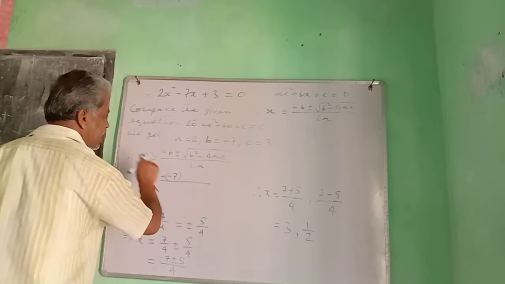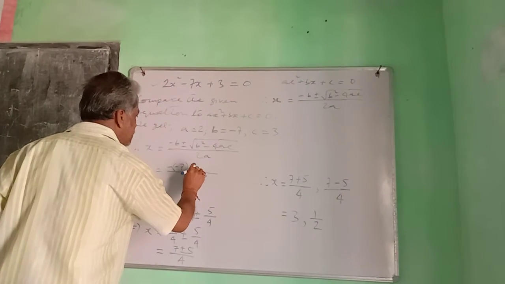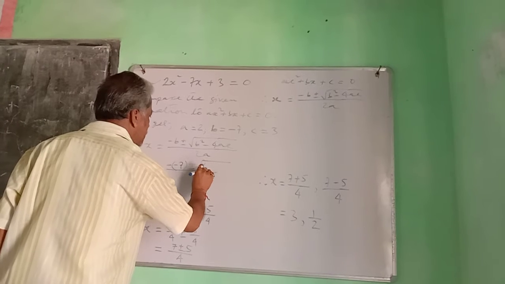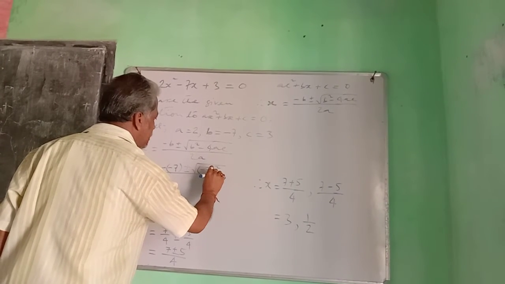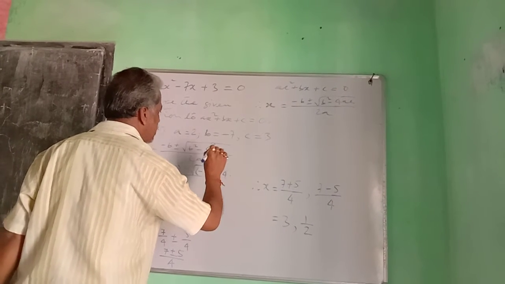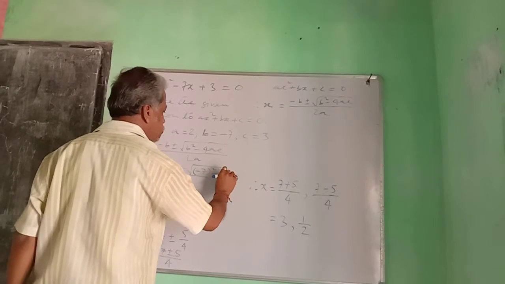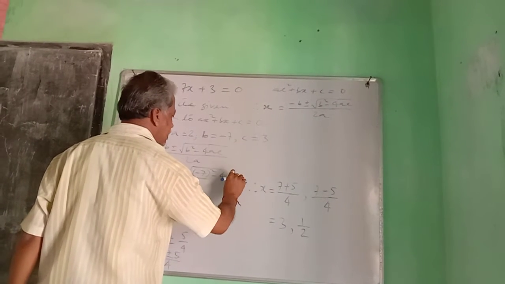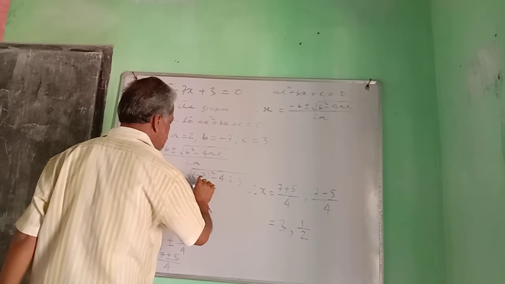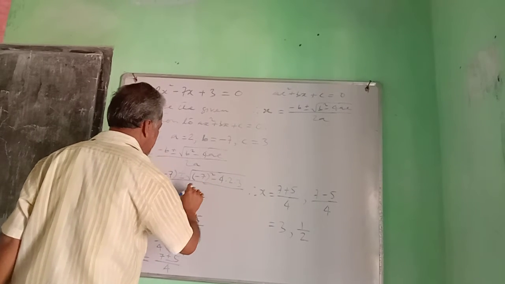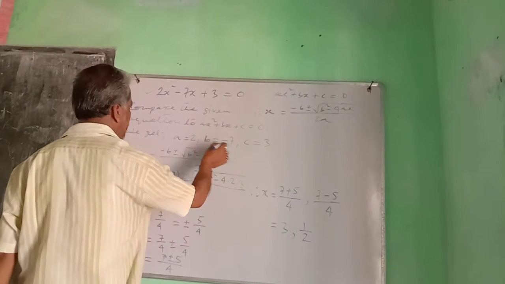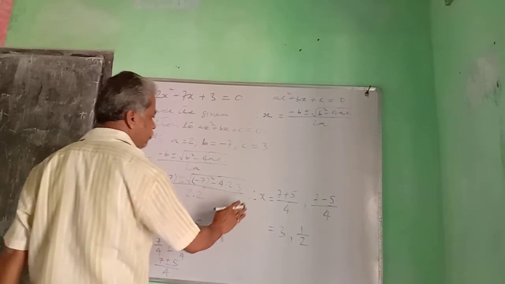So minus b plus minus root over b square minus 4, a is 2 and c is 3, divided by twice a, which is again 2.